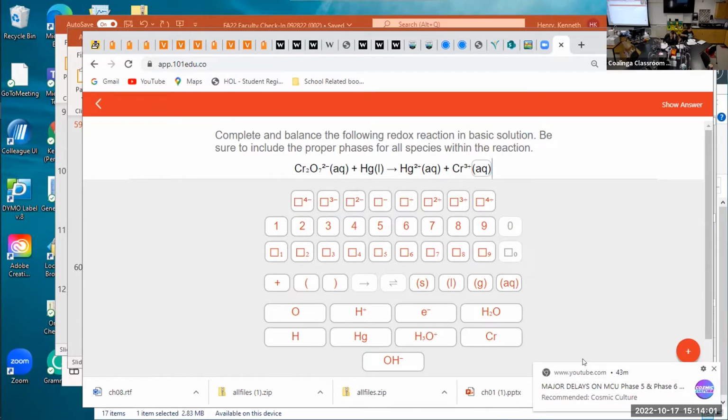Plus. Okay, step 1. Separate the reaction.